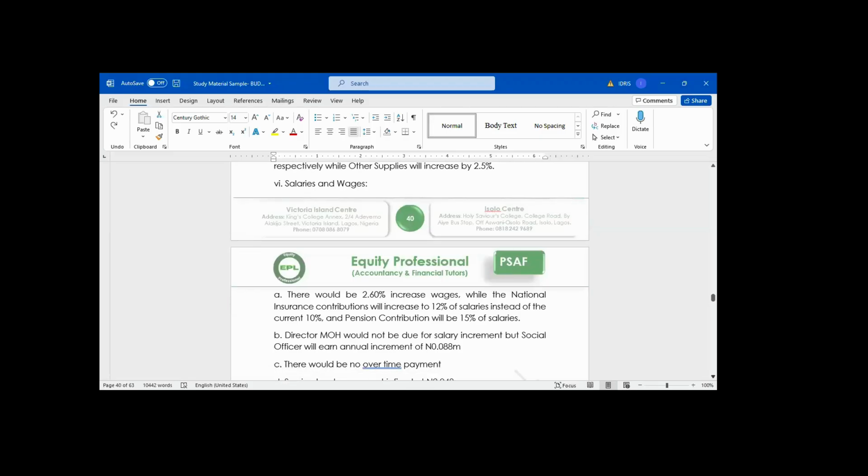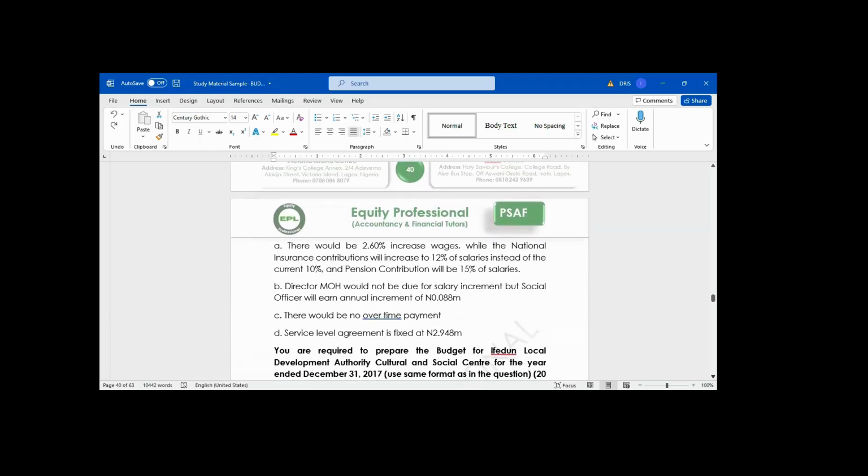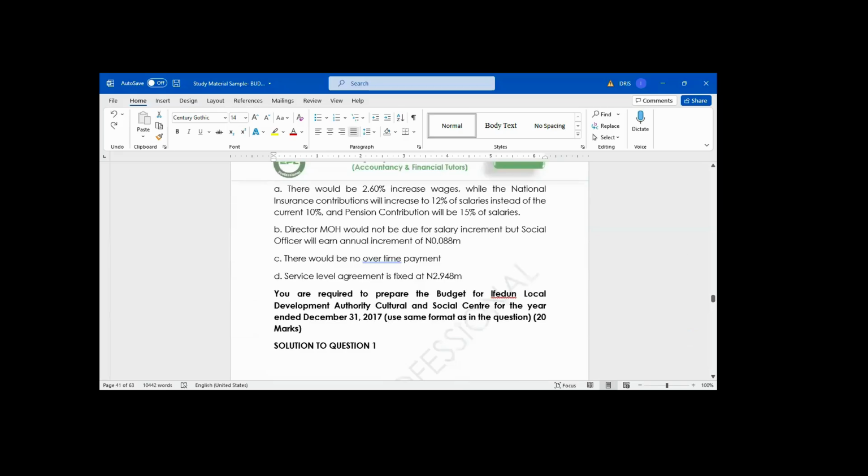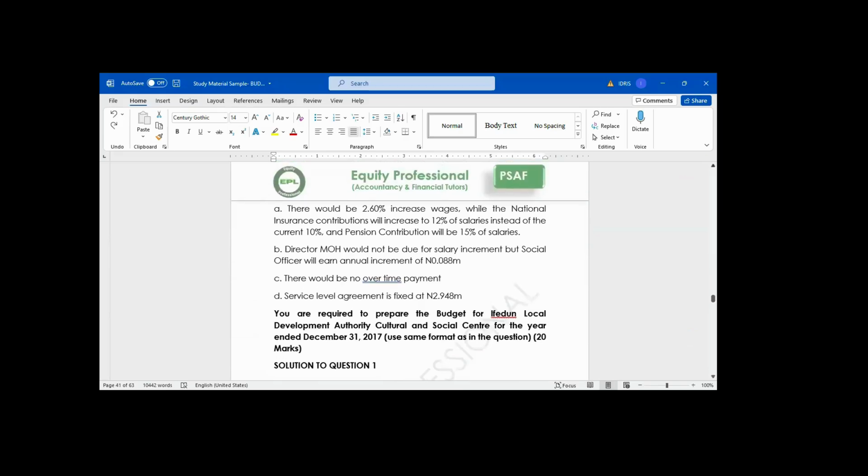6. Salaries and wages. There would be 2.6% increments in wages, while the national insurance contributions will increase to 12% of salaries instead of the current 10%. And pension contribution will be 15% of salaries.